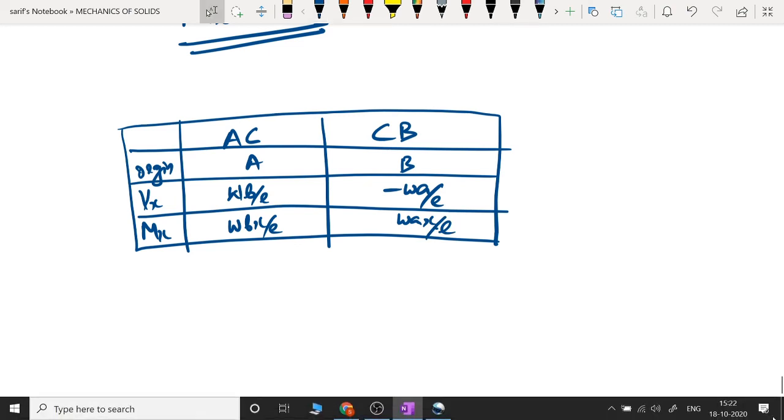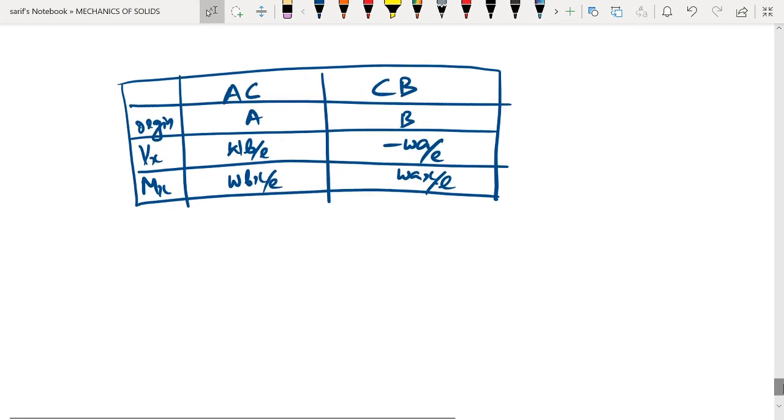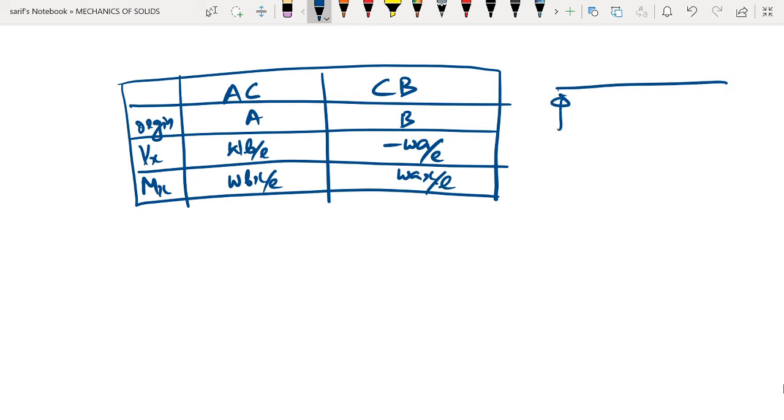Now having this, let us try to draw the expressions for shear force and bending moment diagram. Now if you look at shear force, it is a constant value, and if shear force is a constant value, what does that mean?